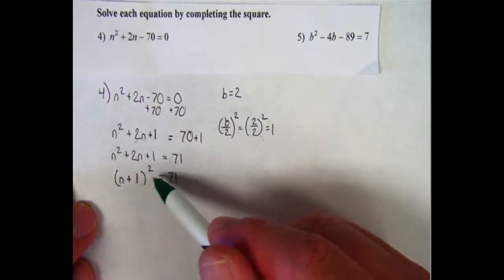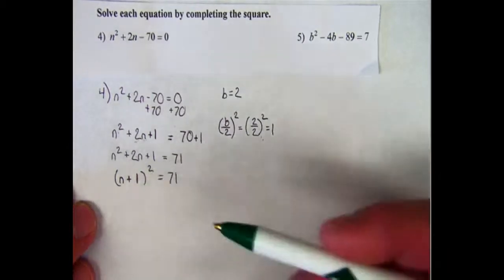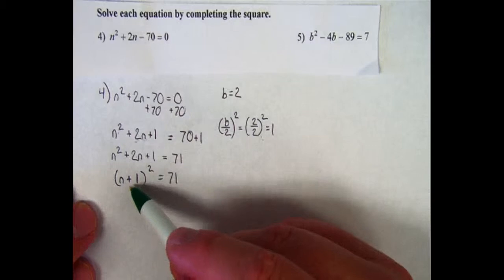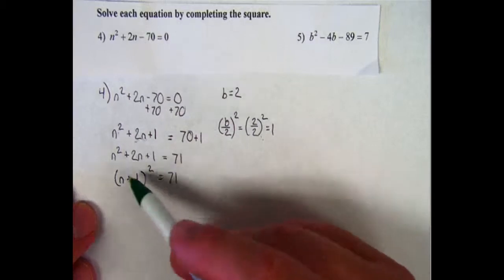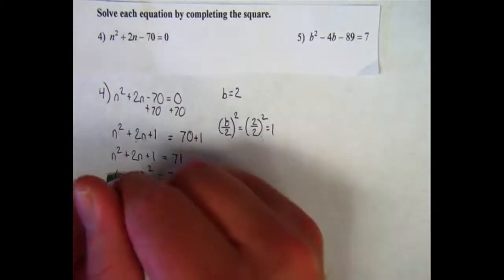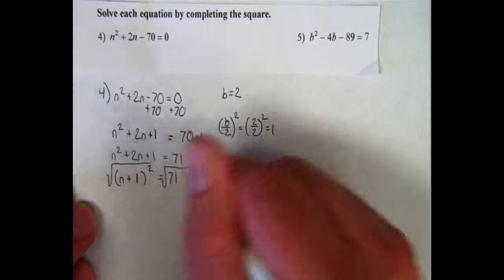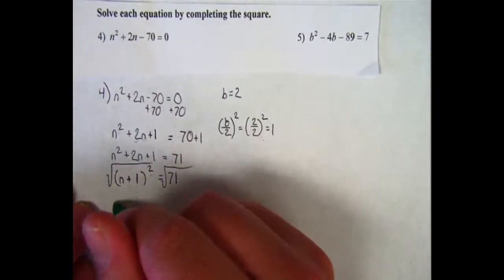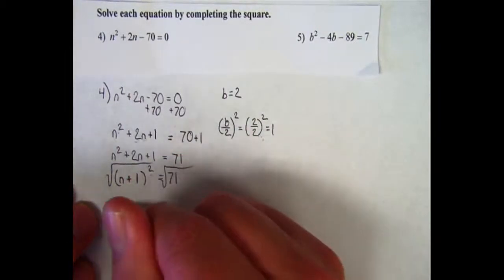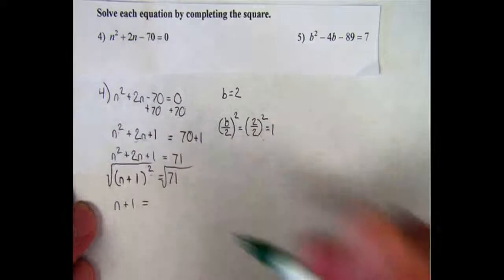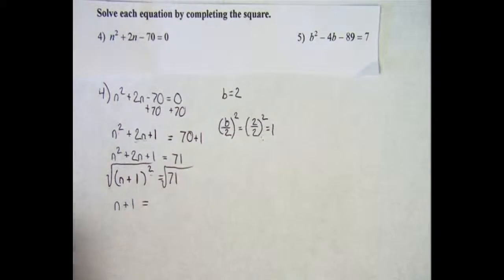Now I learned just a few minutes ago that if I have something squared and I take the square root of it, it gets rid of the squared term. So let's take the square root of both sides. If I take the square root of this, I get n plus 1 equals the square root of 71.